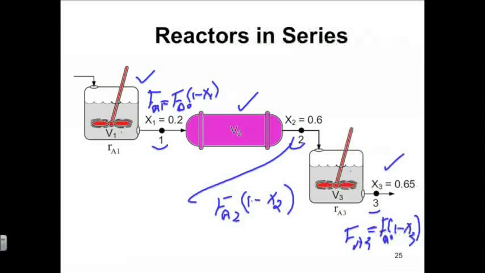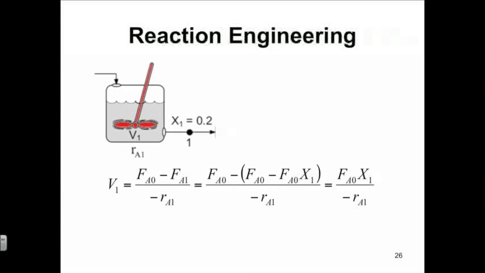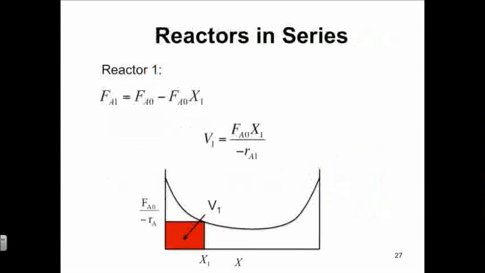Okay, so what we want to do now is size each one of these reactors given that Levenspiel plot I showed you. So for reactor 1, it's just V1 as before, and we've already done this twice before. It's just Fa0 times X1 divided by the rate of reaction in the reactor at point 1. On a Levenspiel plot, it looks something like this.